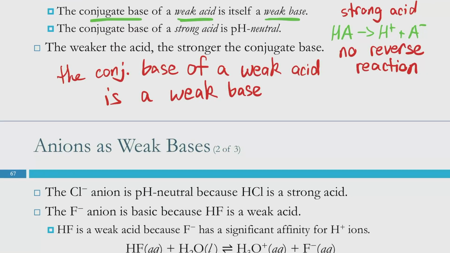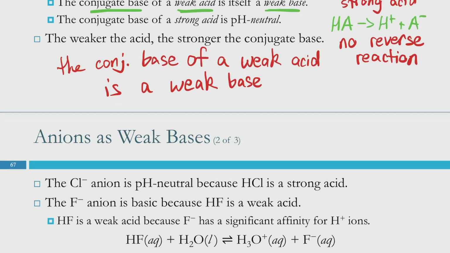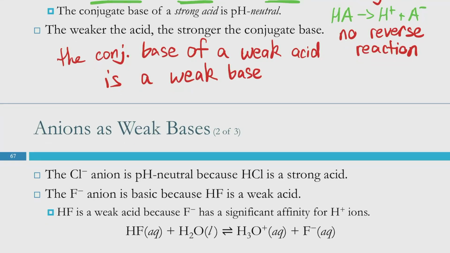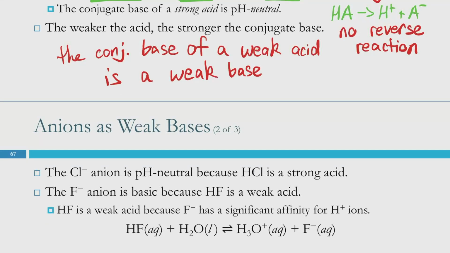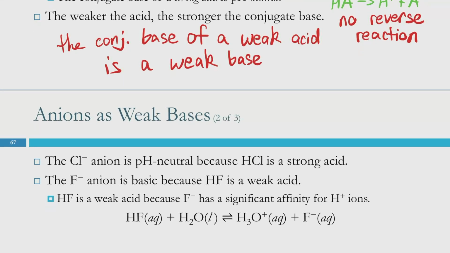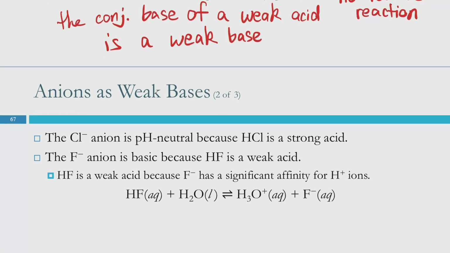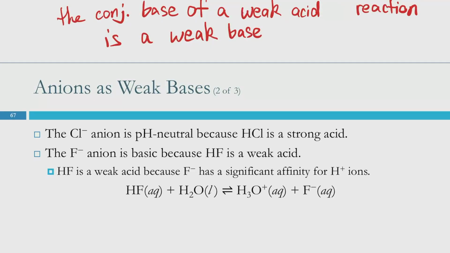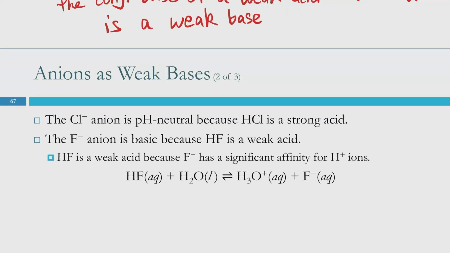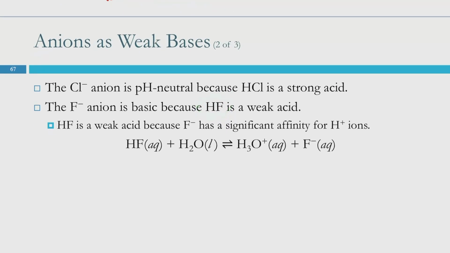Some examples of this. The chloride anion is pH neutral because hydrochloric acid is a strong acid. The fluoride anion is basic. It's a weak base because hydrofluoric acid is a weak acid.